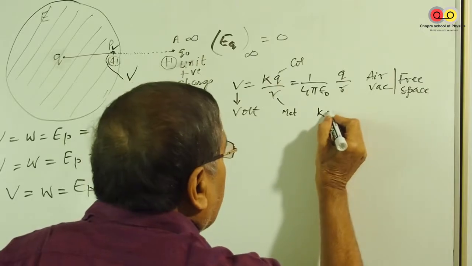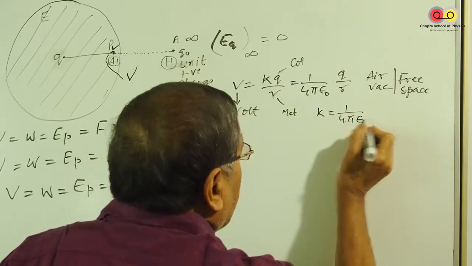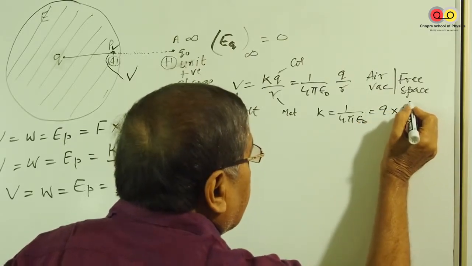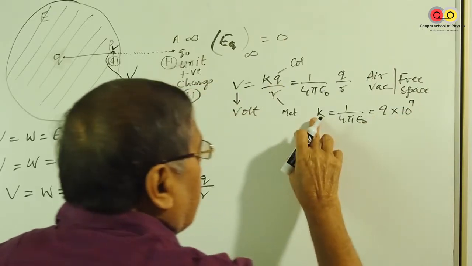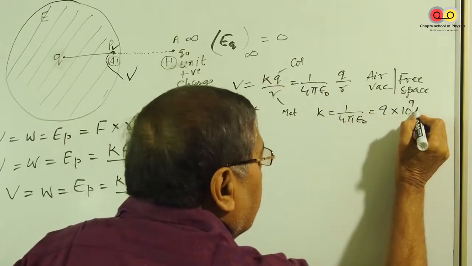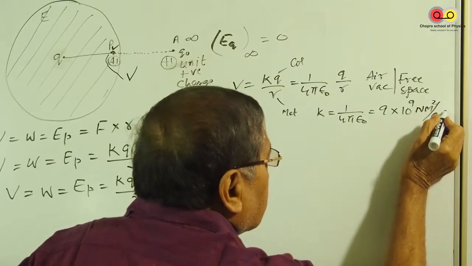And K, which is 1 over 4 pi epsilon naught, is equal to 9 into 10 to the power 9 Newton meter square per Coulomb square.